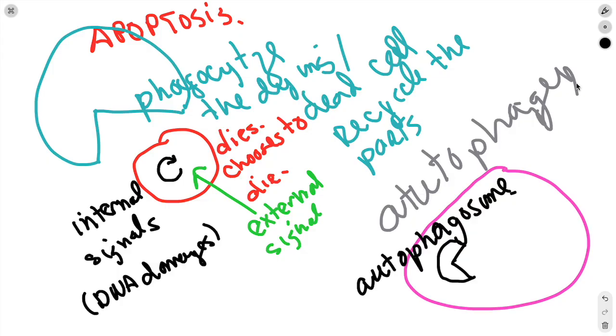Autophagy can occur during, we'll call it, malnutrition or starvation. So it's very, very common for autophagy to not kill the cell, but just consume big parts of it.